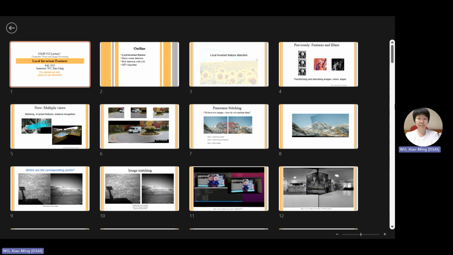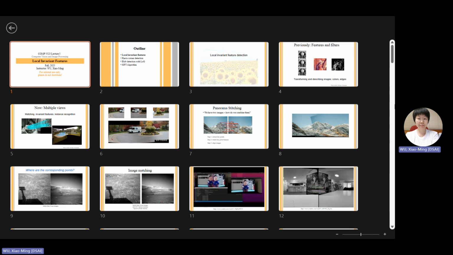Today we will try to finish this chapter, and after we have finished this chapter, we basically have finished the part related to image processing in this course. After that, we will move on to study the contents related to deep learning and vision.